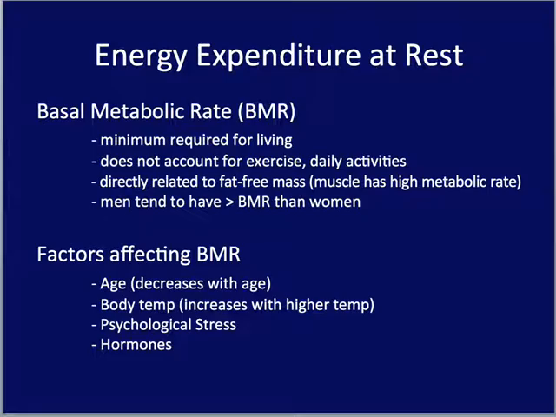But all things being equal, men are going to have a little bit higher BMR. Your age, it will also decrease with age. And along with age, you decrease your muscle mass. So if you decrease your muscle mass, you're going to be decreasing your metabolic rate. Body temperature, if you increase your body temperature, you're going to increase your basal metabolic rate.